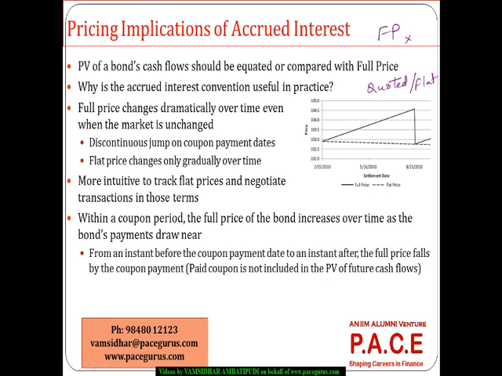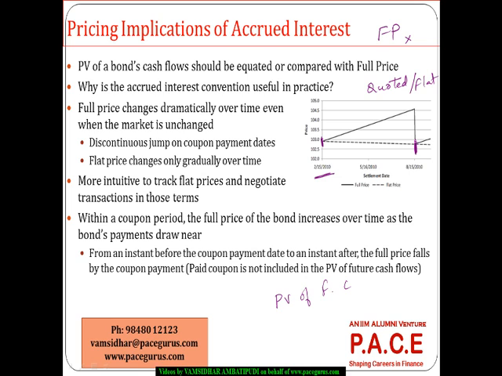If you see here, let's say this was the day on which the last coupon has been paid, 15th February. And after that, as the days increase before the next coupon payment date, we see that the accrued interest is piling up, right? And even if you look at the full price, it is the present value of the future cash flows.